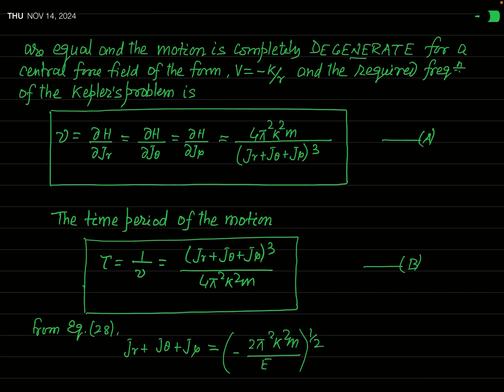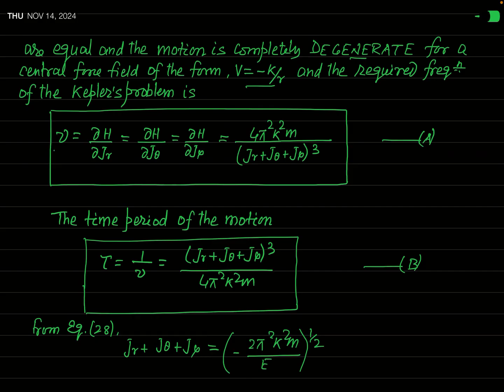You have an idea of degeneracy: if for different eigenstates there is the same energy eigenvalue, then that is called a degenerate state. Here you can see all three frequencies are equal, so we say that the motion is completely degenerate for a central force field of the form V equal to minus k over r.